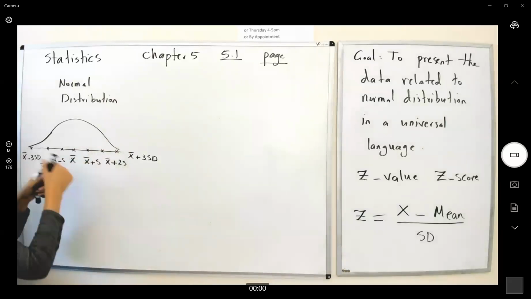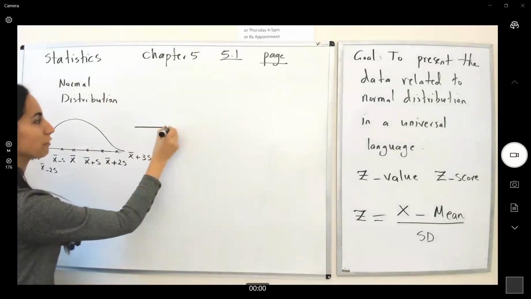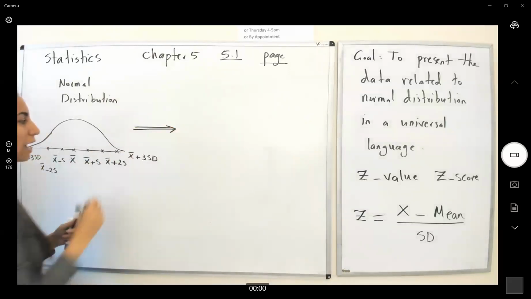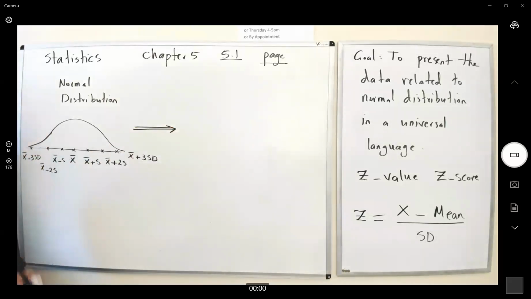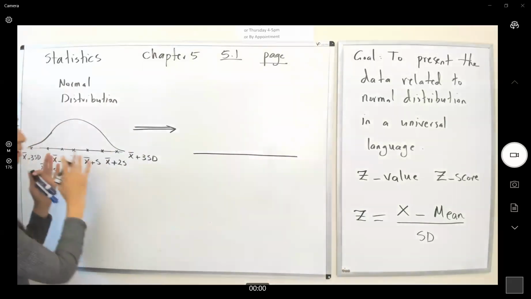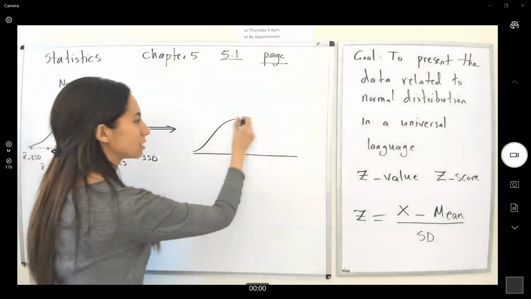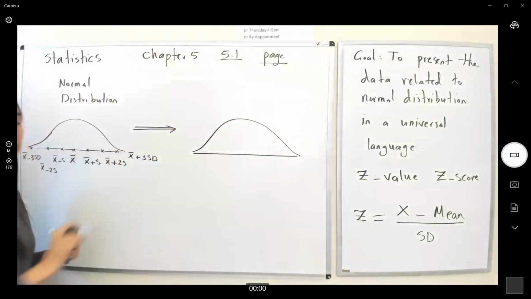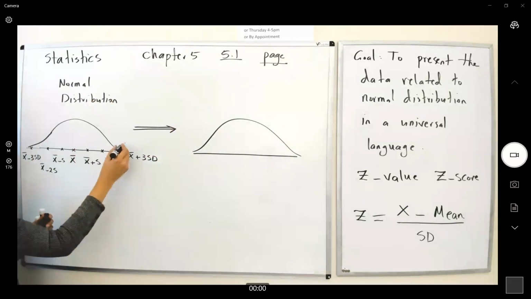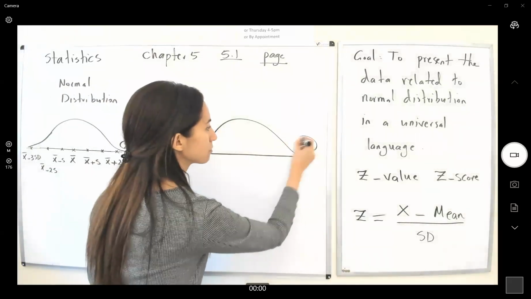So I'm going to take this graph and I'm going to convert that into a graph using z. So it's going to be exactly the same area, the same shape. The numbers on the horizontal axis, they are not in x, they're going to be in z.